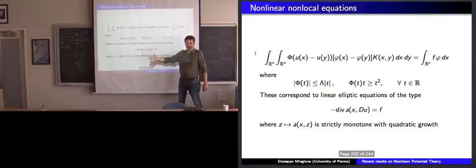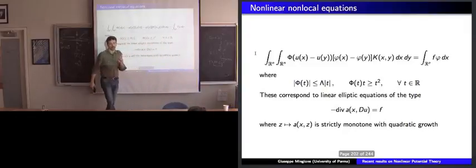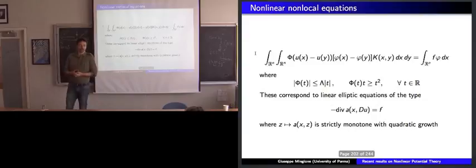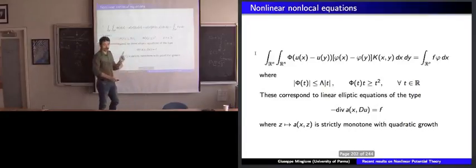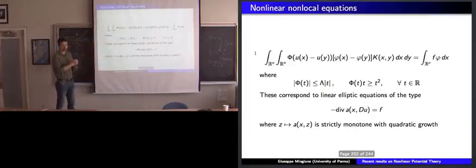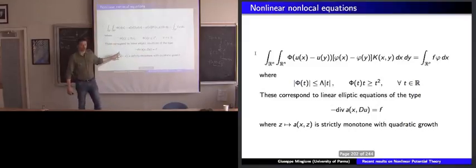So you get a nonlinear equation, and the nonlinearity is the fact that now the difference depends in a nonlinear, yet monotone way, because you have to keep the ellipticity going on, the monotonicity going on, and still you have bounded and measurable coefficients. Because the kernel is the same one as in the previous slide. So essentially, now you are passing to an equation with measurable coefficients, but it's nonlinear, but it's just monotone.